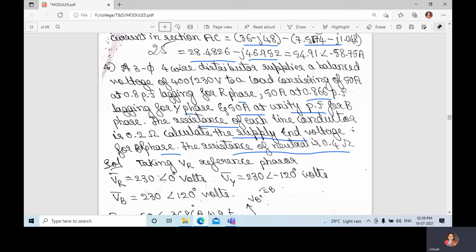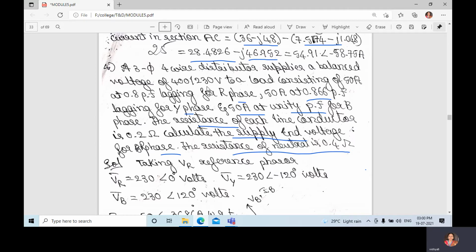A three-phase four-wire distributor supplies a balanced load at a secondary voltage of 400/230, to a load consisting of 50 amps at 0.8 power factor lagging per phase, so each load is 50 amps.